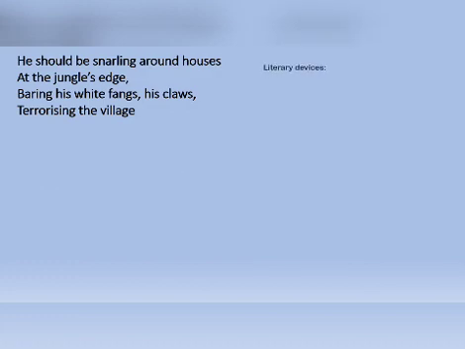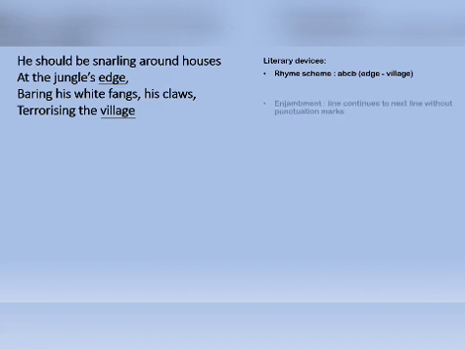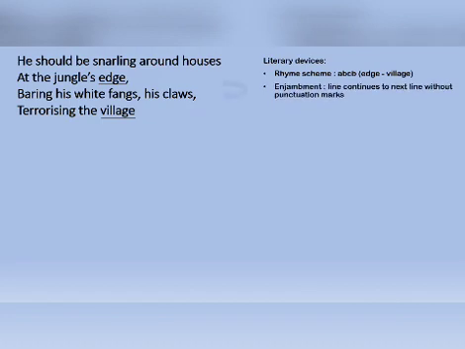The literary devices are the first one, the rhyme scheme. Again, A, B, C, B is the rhyme scheme: edge and village. Then you can see enjambment has been used here. The first line continues to the next line without punctuation marks.